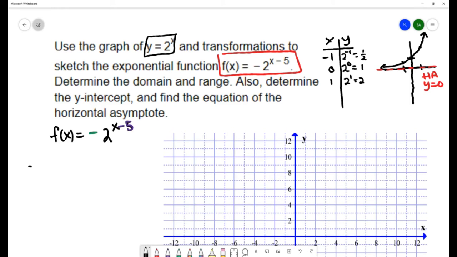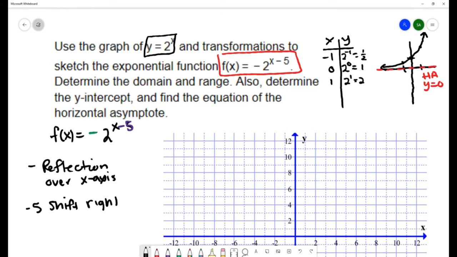The negative is going to be a reflection over the x-axis. That's a vertical reflection. And then the minus 5 is going to be a shift of the graph. This is going to be a horizontal shift moving to the right 5 units.